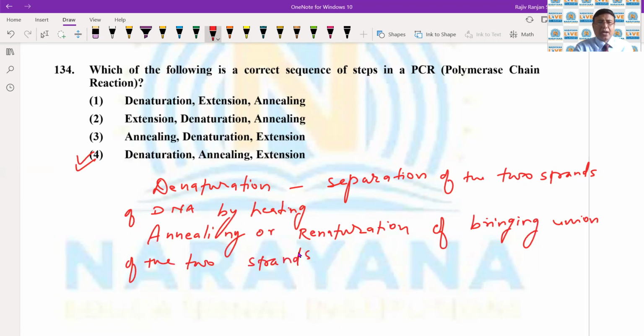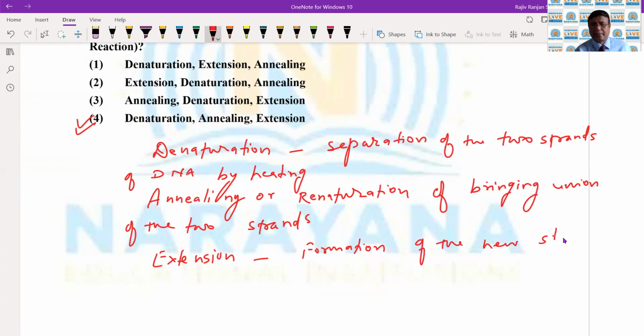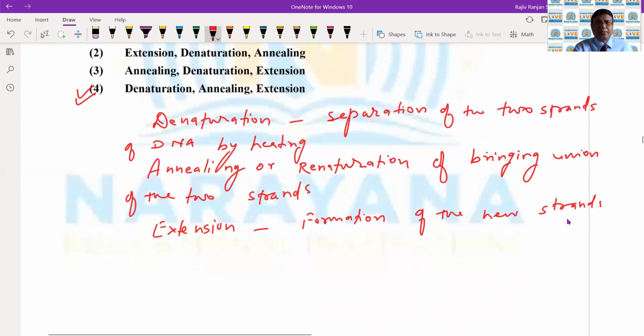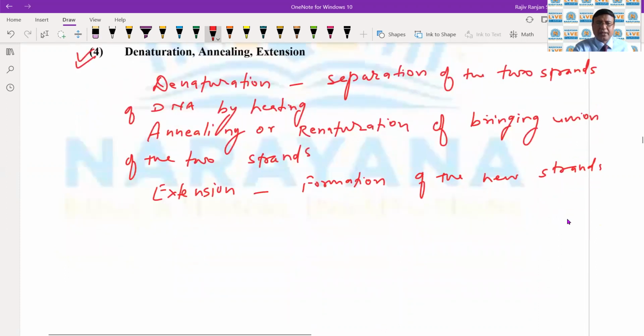And extension is actually the formation of the new strands. So the correct option is 4, that is denaturation, annealing, and extension.